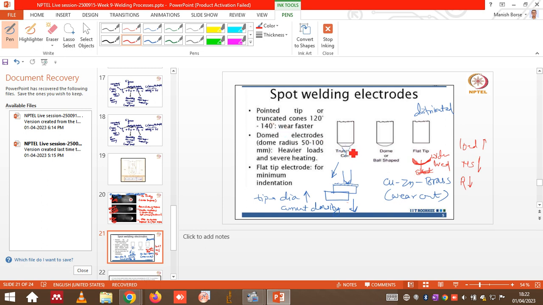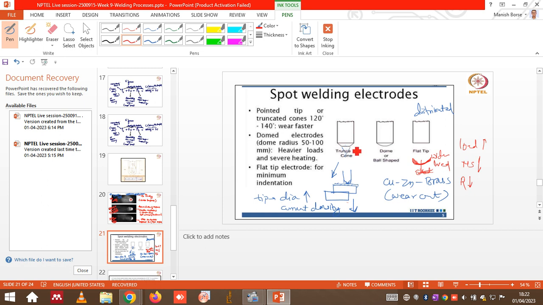Okay, so that's why in most of the cases a truncated or 120 to 140 degree angle electrode is preferable. But in certain cases, the electrode forms a localized brass layer on the surface of the tip. Brass is a brittle layer, and its wear resistance is less. So because of that, it will wear out after a certain time.